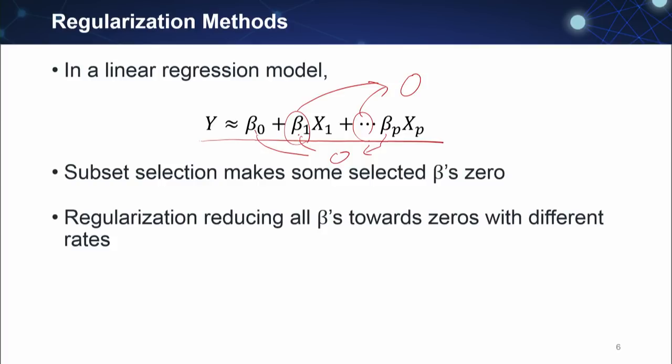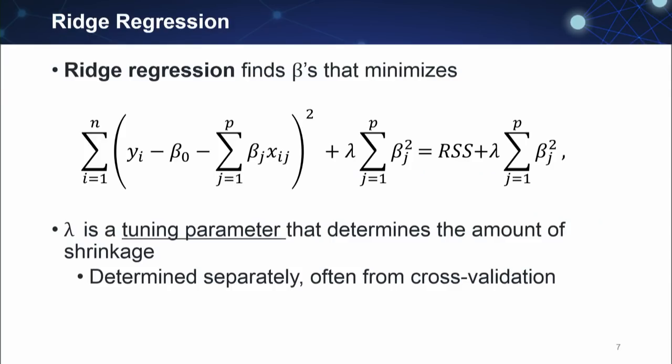This is the basic idea of this regularization method. The first regularization method is Ridge regression. In Ridge regression, we find beta 0, beta 1, up to beta p that minimize this whole target function.